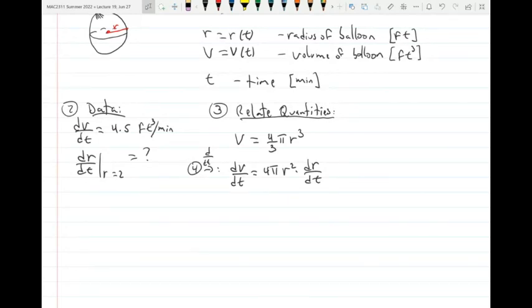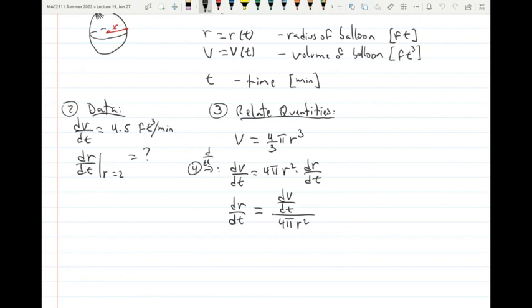I kind of like that way because we have a formula. So this means that dr dt, why am I doing this? Because that's what I want. I want dr dt. dr dt is dV dt divided by 4 pi r squared. So this is a formula for the rate of change of the radius with respect to the rate of change of volume.